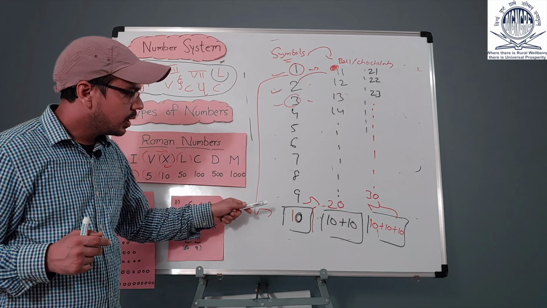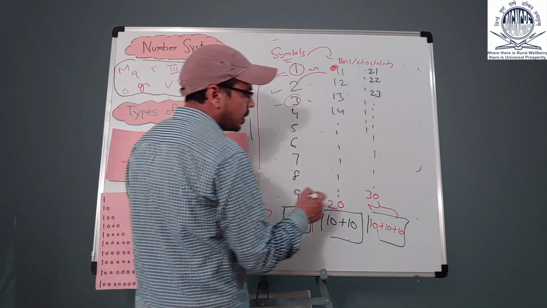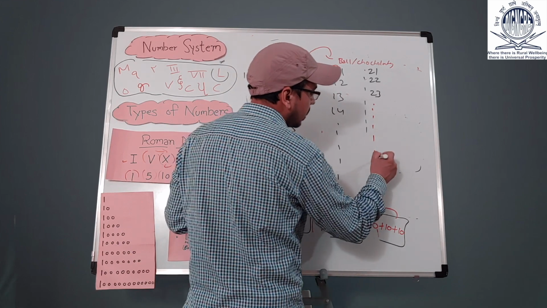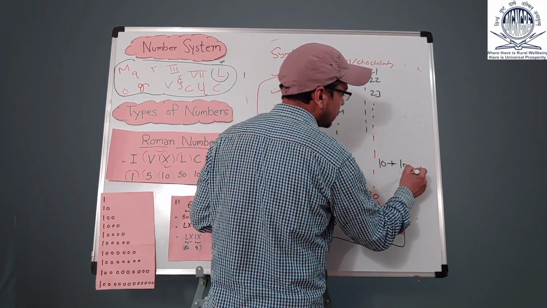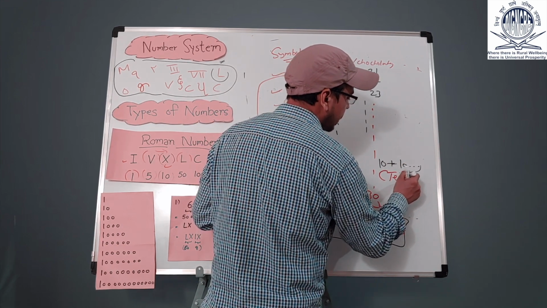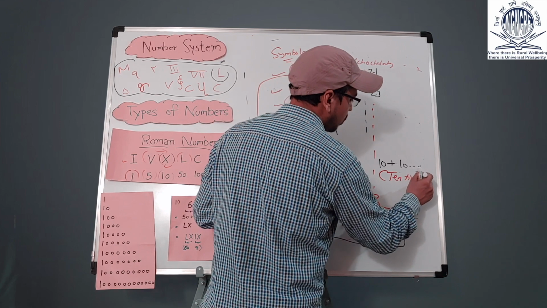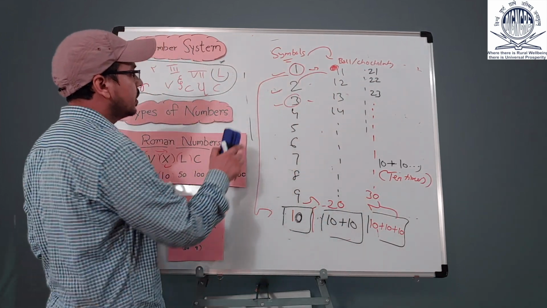Now when we are talking about these numbers keep on increasing, what happens if 10 keeps on adding itself, how many times? Let's say 10 times. So probably I want to make some space and explain it quite nicely.